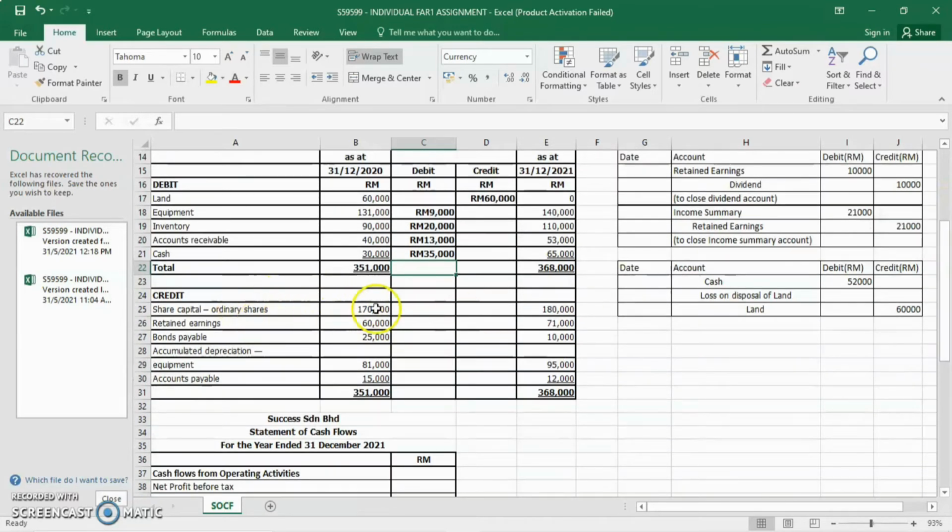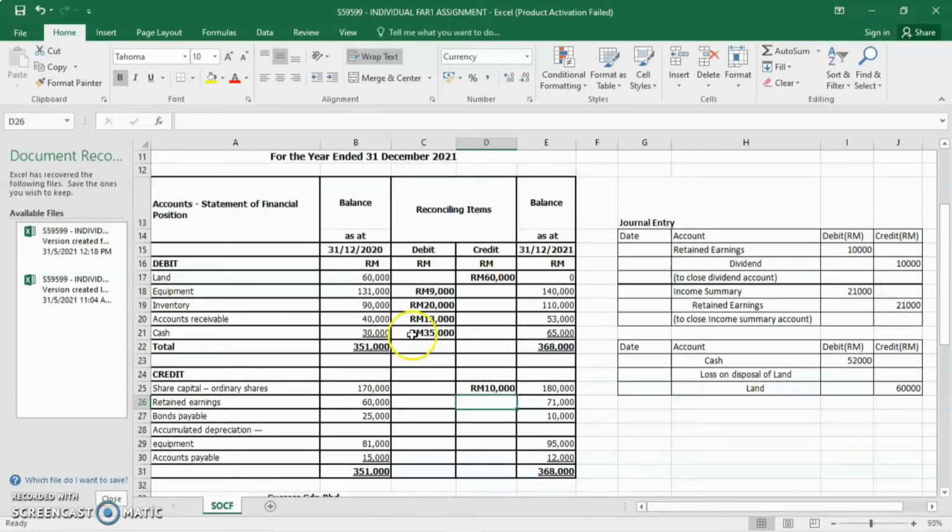Share capital ordinary share, 180,000 minus 170,000 and get 10,000. Increase in share capital by 10,000, we put it in credit column because share capital is credit balance. So when share capital increase, we put it in credit.